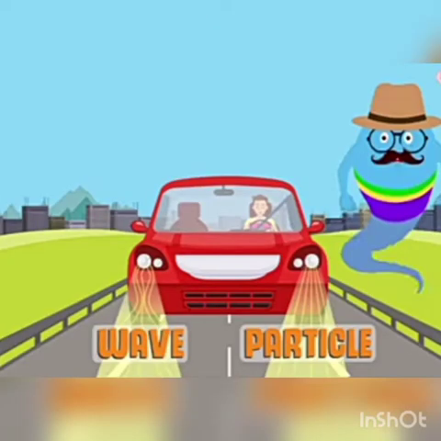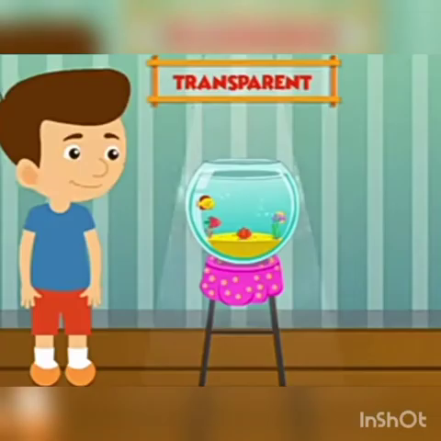Whenever you are driving a car, the light blinks, it shows the particles. Transparent: the material through which light passes is said to be transparent. For example, the fish pot.